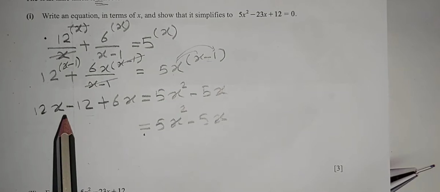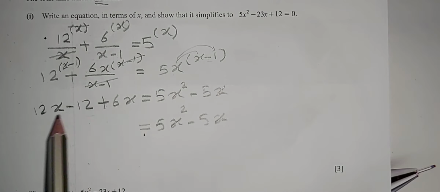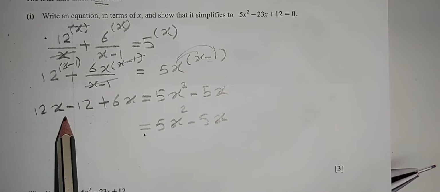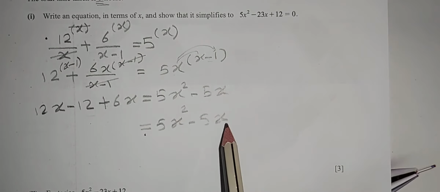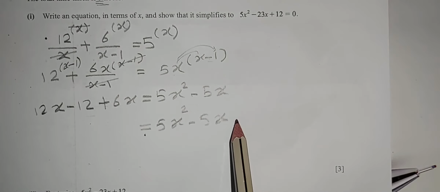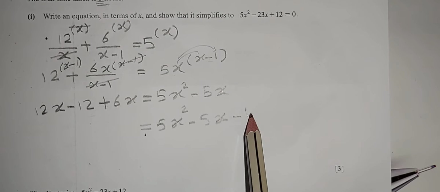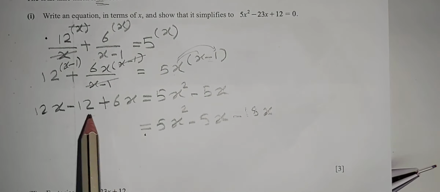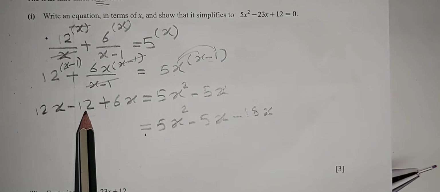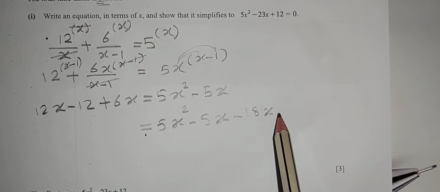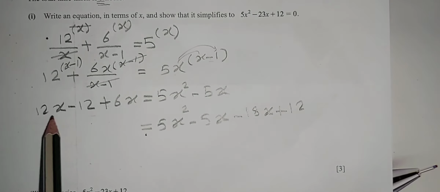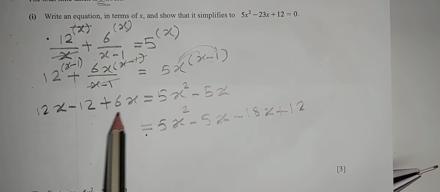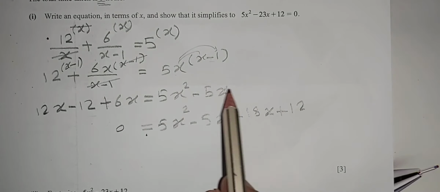Then this 18x in positive sign, bring it to the other side with a negative sign, minus 18x. This minus 12, bring it to this side as positive 12, plus 12. Here we have 0 now because we already moved everything to the other side.